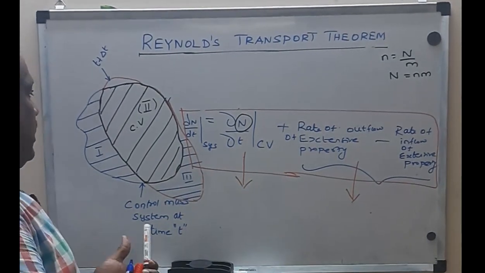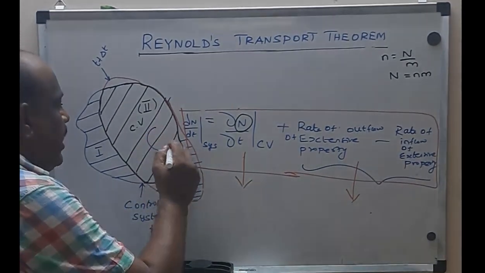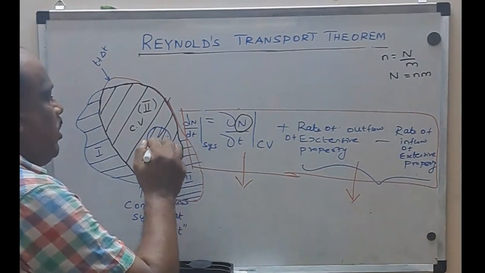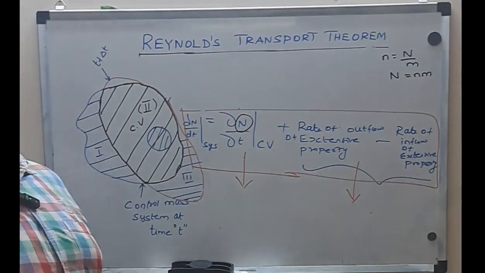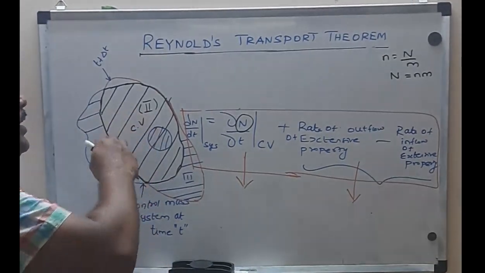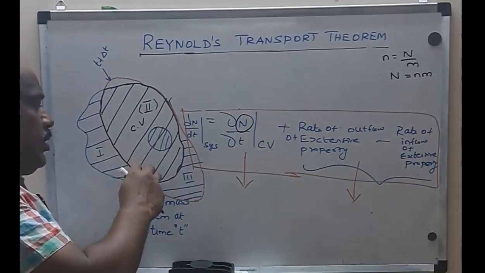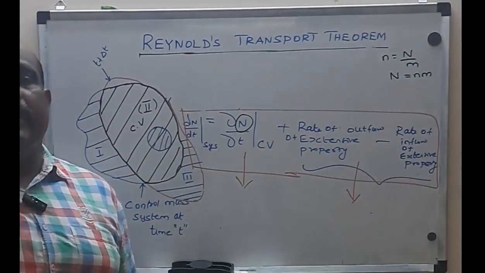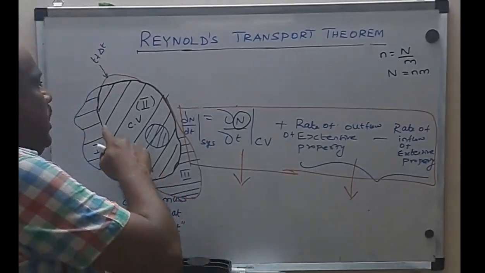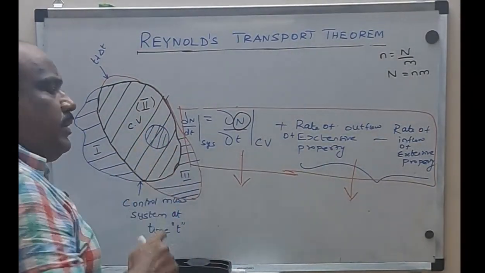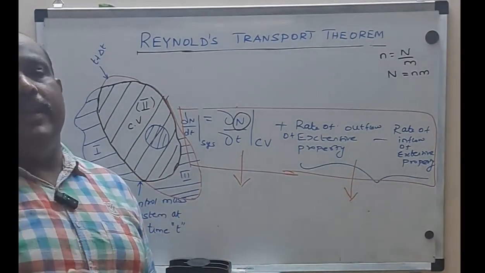Now, out of this control volume, I will be taking an elemental control volume. Let this elemental control volume be this blue color region. I will repeat once again. The domain indicates the control volume. Out of this control volume, the blue color curve indicates the elemental control volume, and the black color curve indicates the control volume.